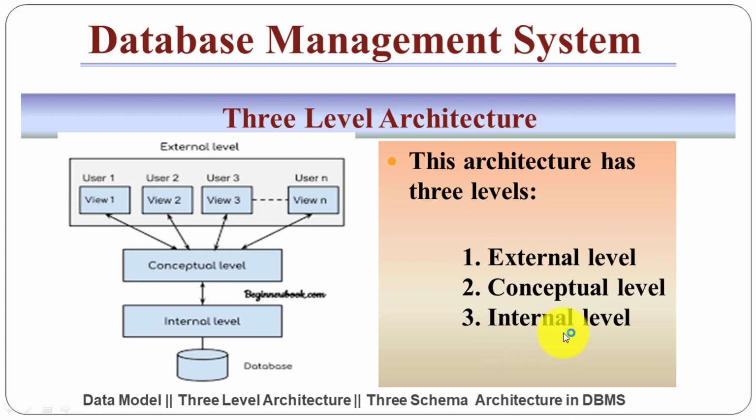But before understanding these three levels, the question arises: what is the goal or aim, or what is the purpose, of this architecture? The aim of this architecture is to give data independence. There are a number of users, and the users don't know all the information about the database, such as where it is stored and what the structure of the database is, so it is hidden or abstracted from the user.